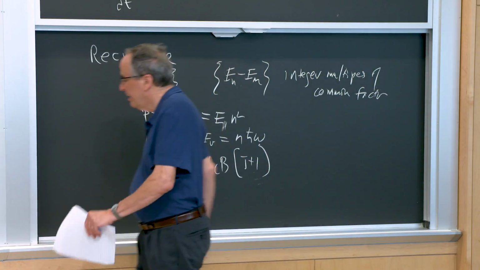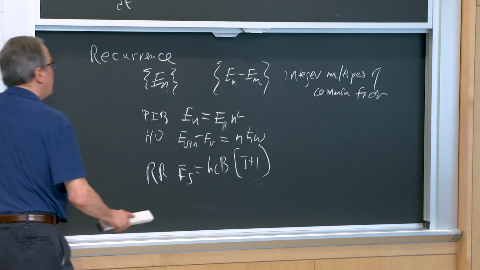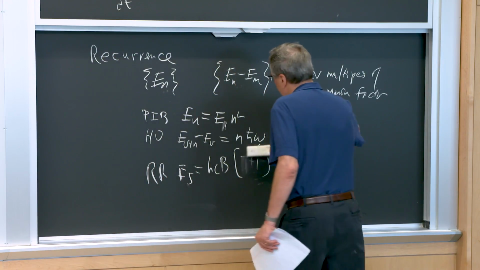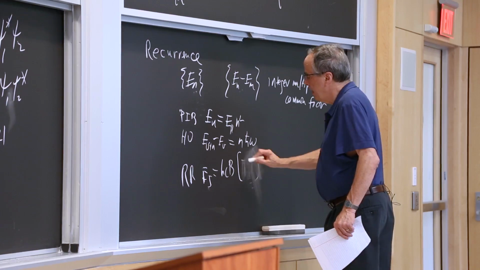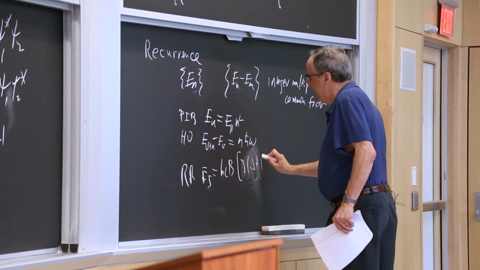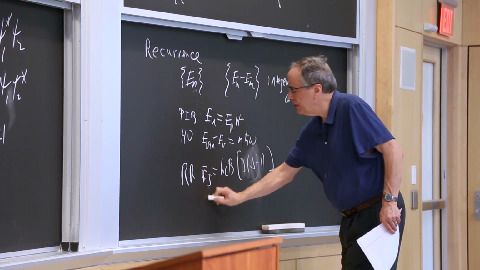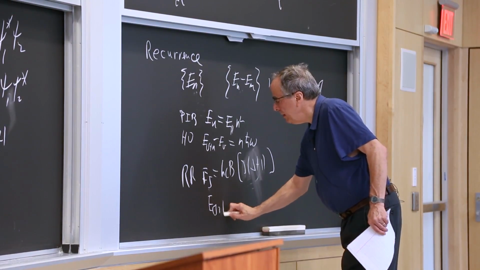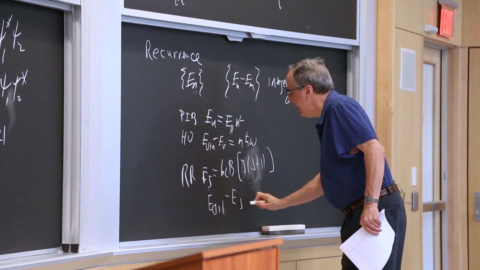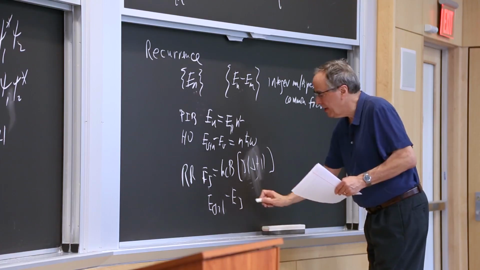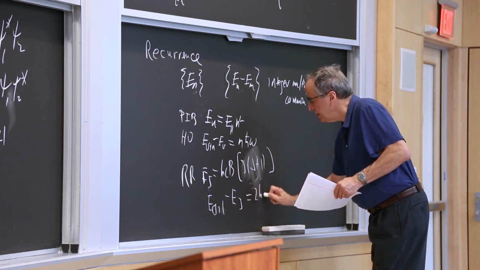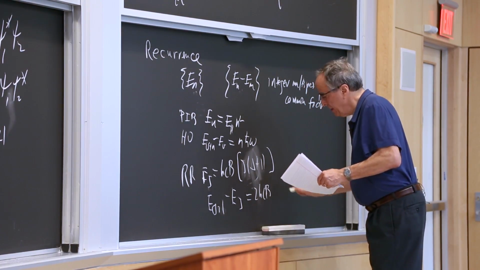I'm jumping ahead. Sorry. So the energy levels are J times J plus 1. And the differences, E(J+1) minus E(J), are given by 2HCB times J plus 1.